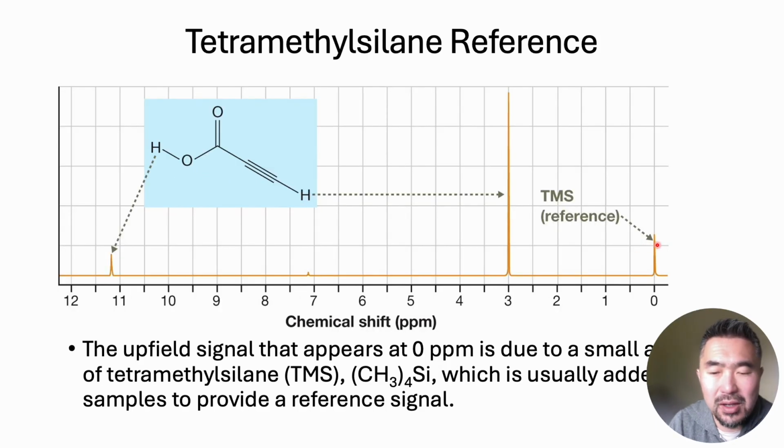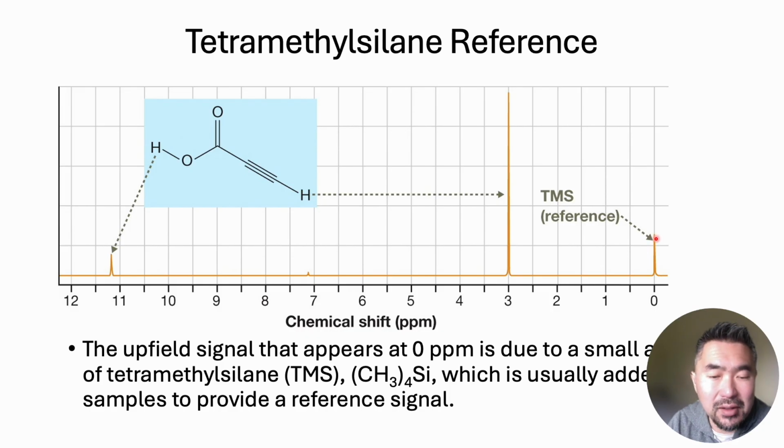This peak was also there in the last spectrum where I didn't discuss it, the TMS reference peak. That stands for tetramethylsilane. These chemical shifts are somewhat relative though, and so for that reason we want to have an internal standard that sets the exact 0 ppm.